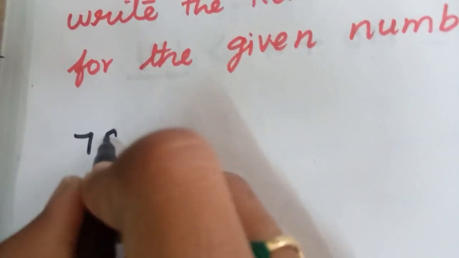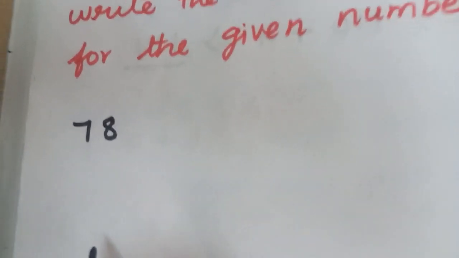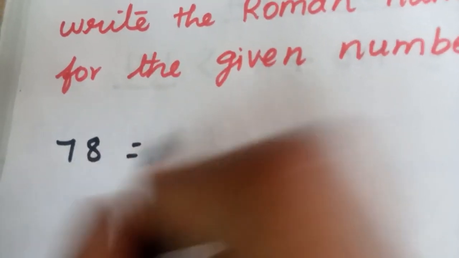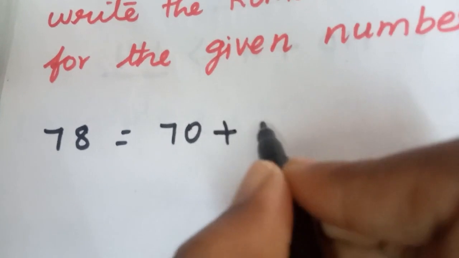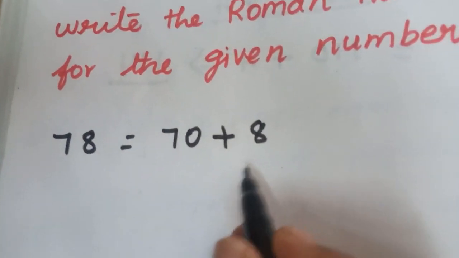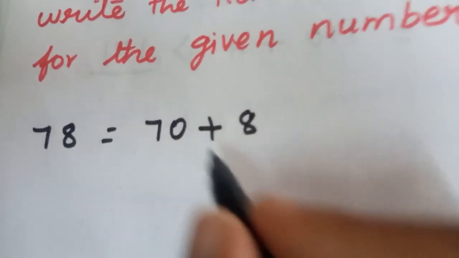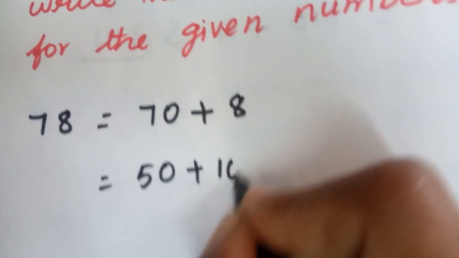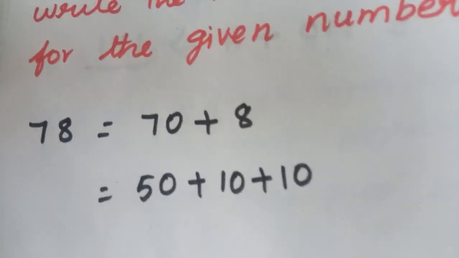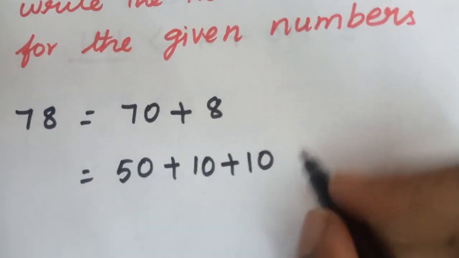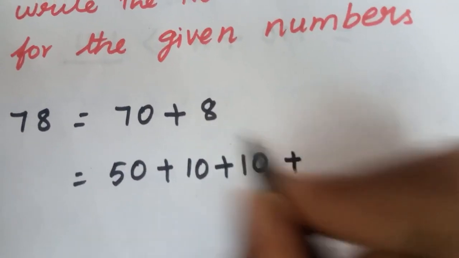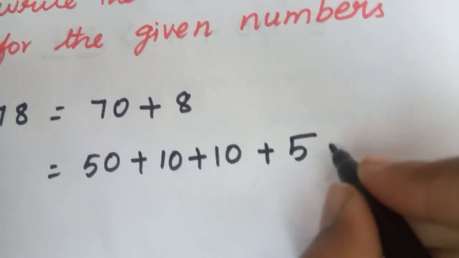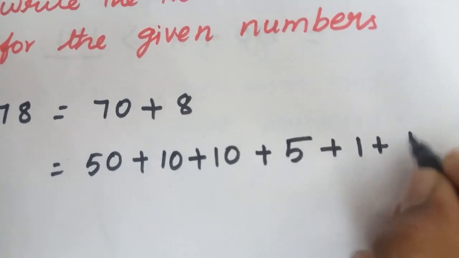First I am going to take one number, that is 78. For 78, first you have to split that number: 70 plus 8. 70 we can also divide: 50 plus 10 plus 10. Next, 8 we can also divide: 5 plus 1 plus 1.